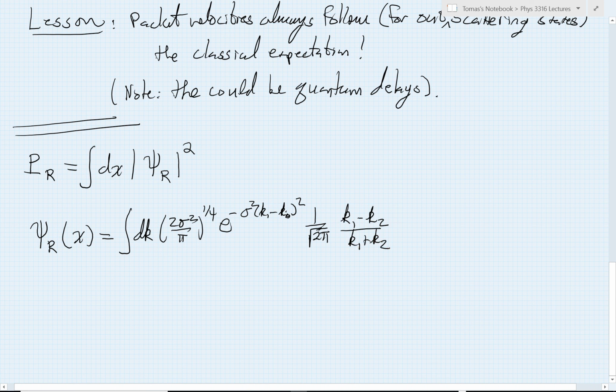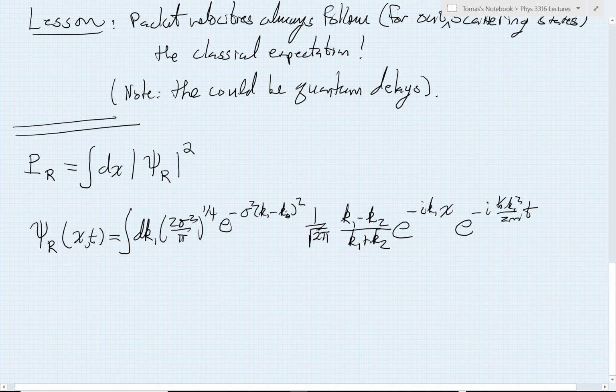You have to be a little careful because remember always that k2 is actually technically a function of k1. So that also is a variable during my integration over k1. Then we have, of course, the backward moving momentum state associated with my packet. And finally, we have those time-dependent pieces, which have their standard form like so. Now, let's think about what this is going to involve. This is, of course, for any time t. Once we get this, later on, we can evaluate it for some very large time in the future.